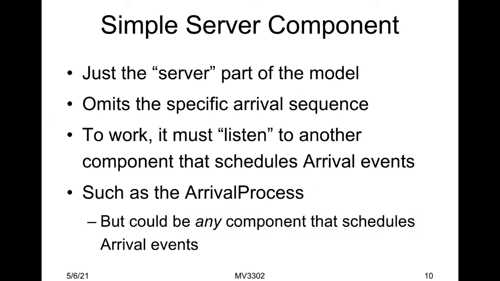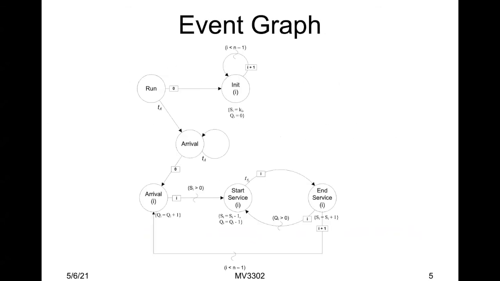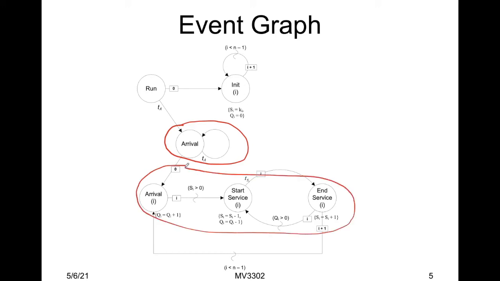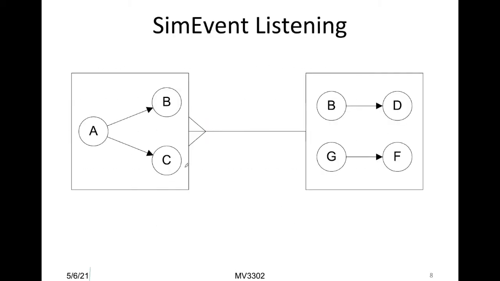And the motivation for that was noticing, just as we saw here in the transfer line, that this arrival piece tends to be a recurring type of thing. And then actually this kind of pattern is like the multiple server queue pattern.